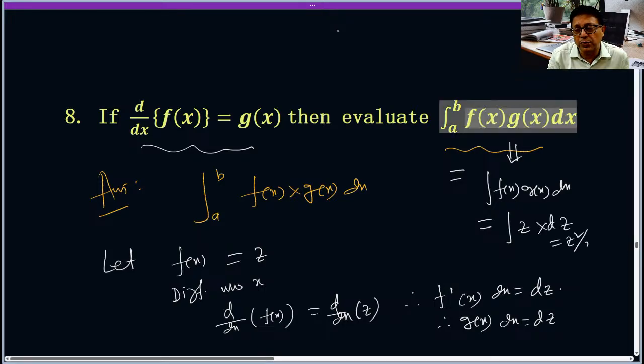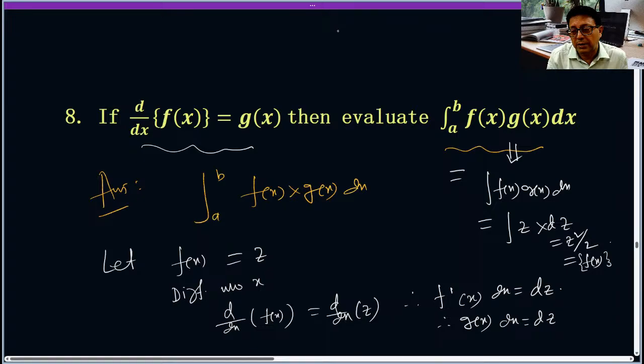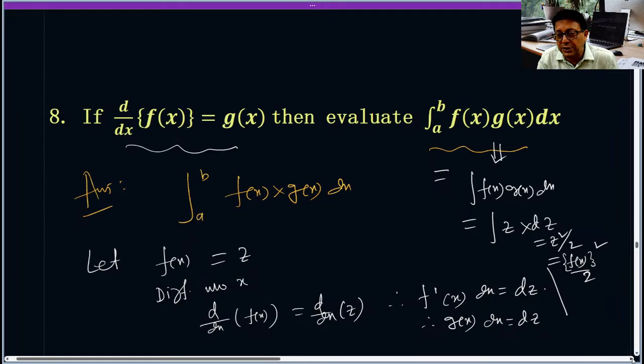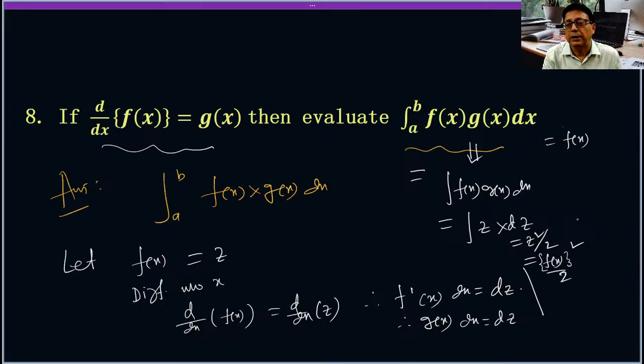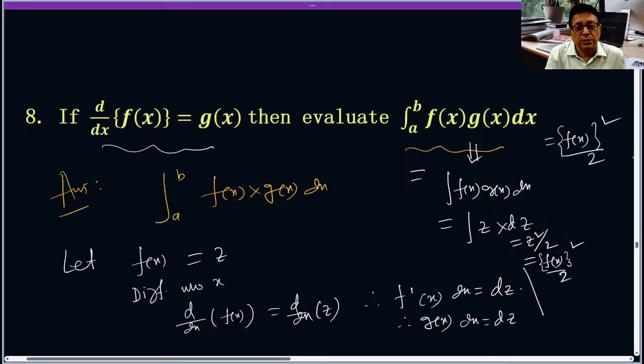z square by 2. Z is what? Fx. Fx whole square by 2. Just substitute there. So this integrand will be changed to fx whole square that divided by 2.